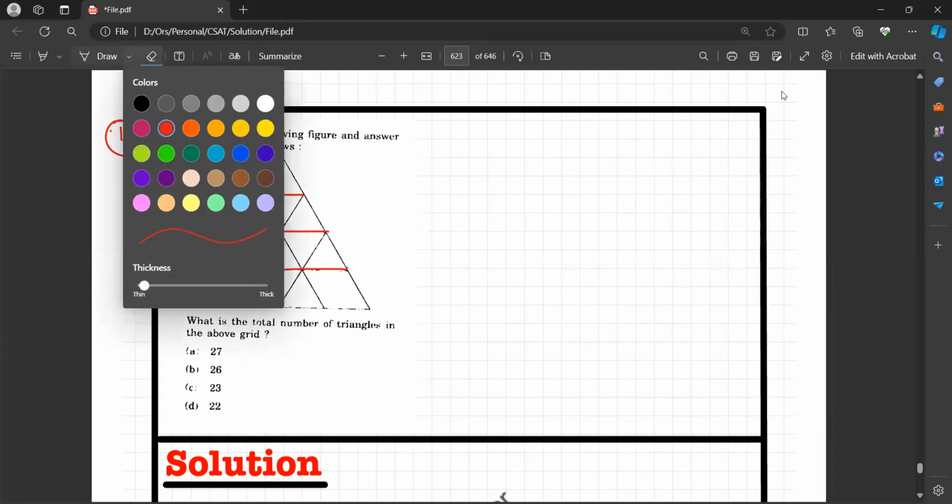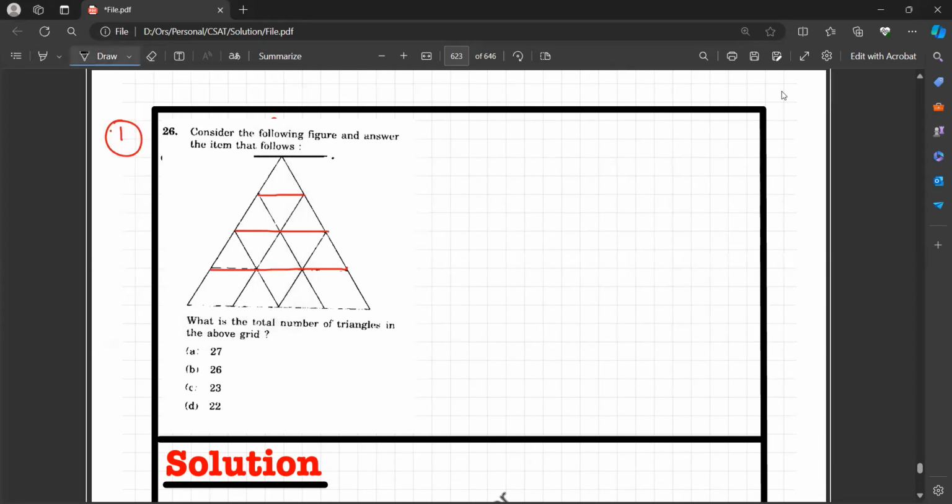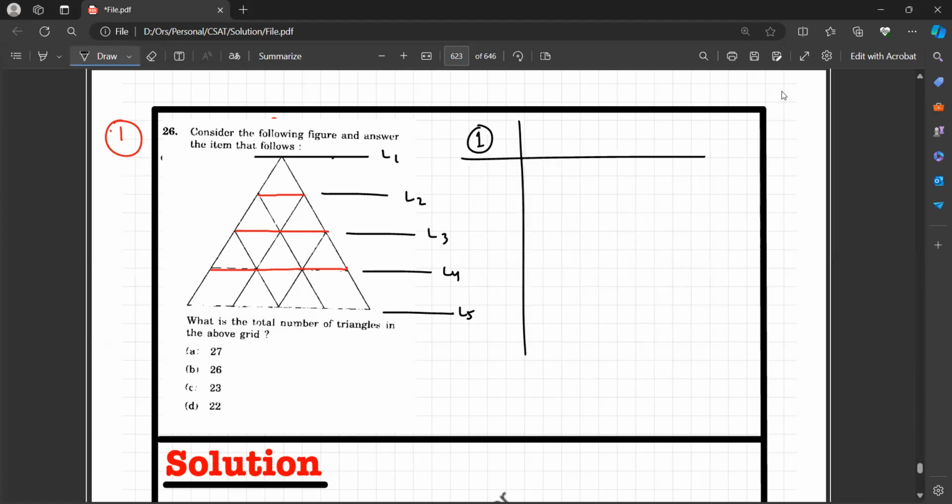Now to find the total number of triangles, what you need to do is create levels. This is level 1, this is level 2, this is level 3, this is level 4, and this is level 5. Suppose the gap between levels is 1.